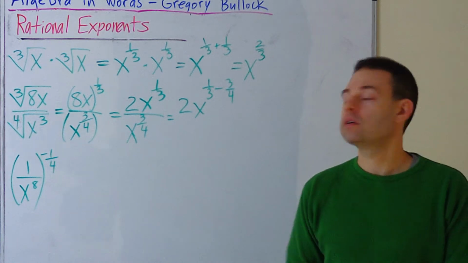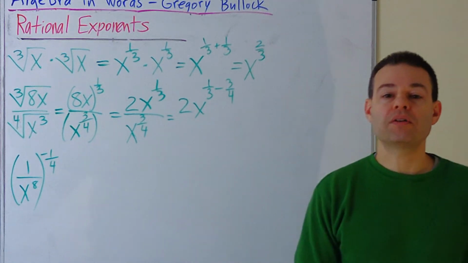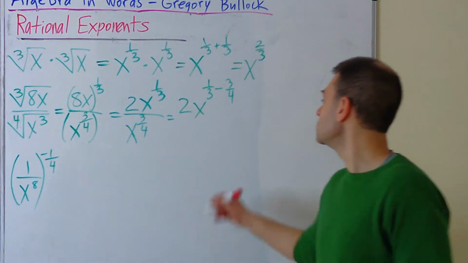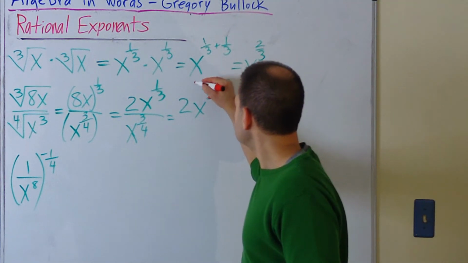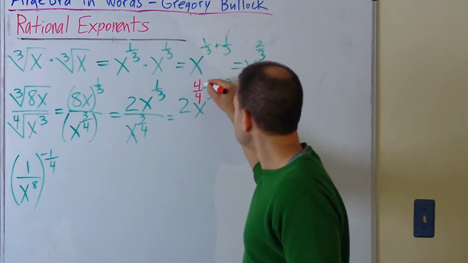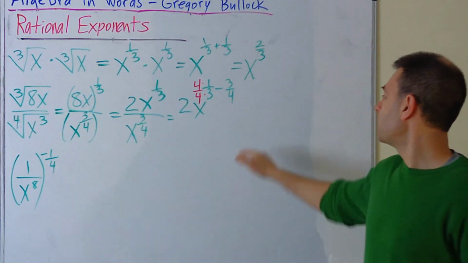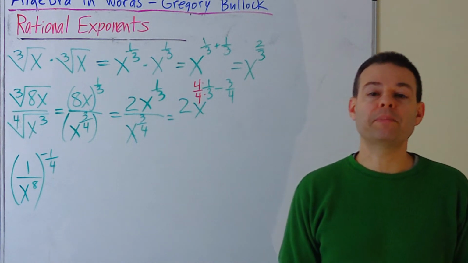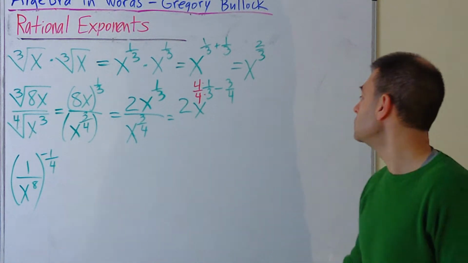So to convert the fraction of 1/3 to 12, we would multiply the top and bottom of that by 4. And to convert 3/4 to have a common denominator of 12, we're going to multiply the top and bottom of that by the factor of 3.